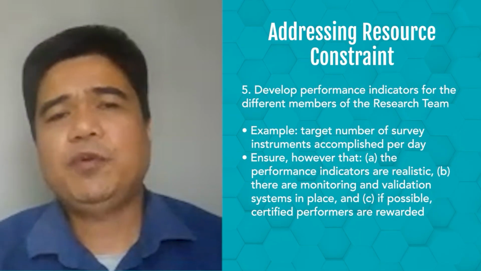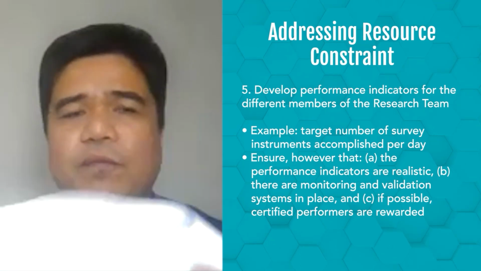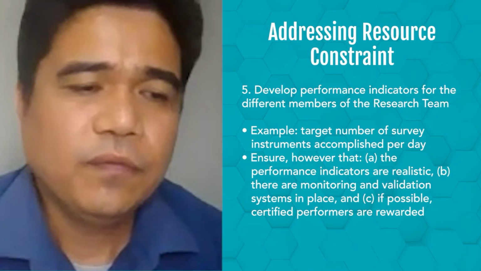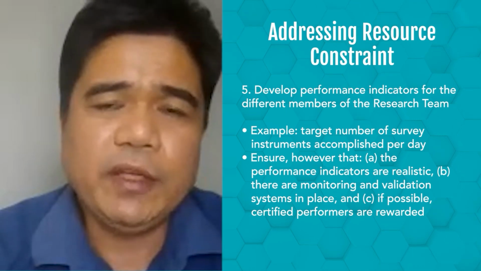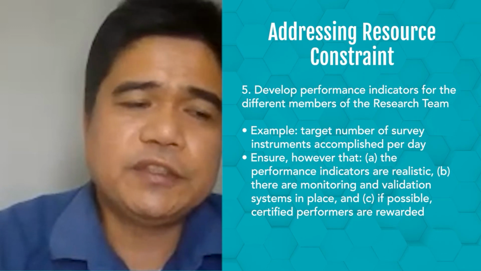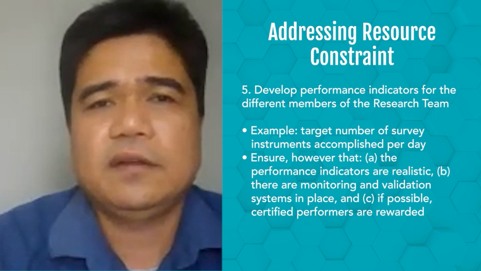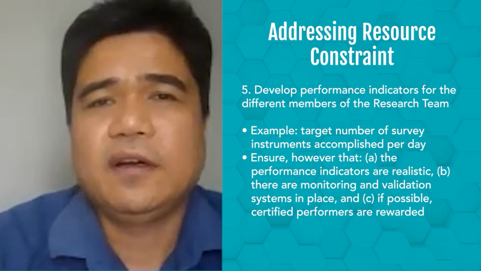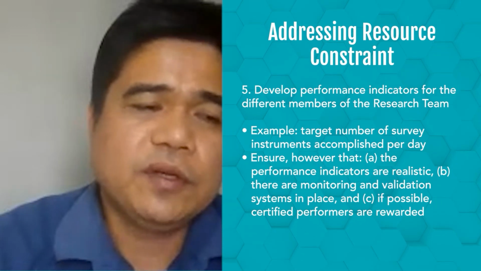Fifth, develop performance indicators for the different members of the research team. For example, for the CBMS, the community-based monitoring system, enumerators accomplish an average of 10 instruments a day.